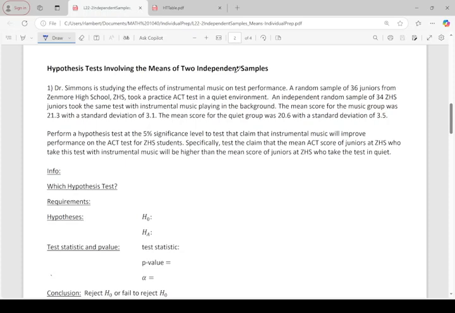So let's go through this and highlight the pieces of information. I'm going to use two different colors to represent the two different groups, because we have two groups here. And that's why this is two samples. And I'll show you why. So we have a sample of 36 juniors that took the test in quiet, and those scored a mean of 20.6 and a standard deviation of 3.5.